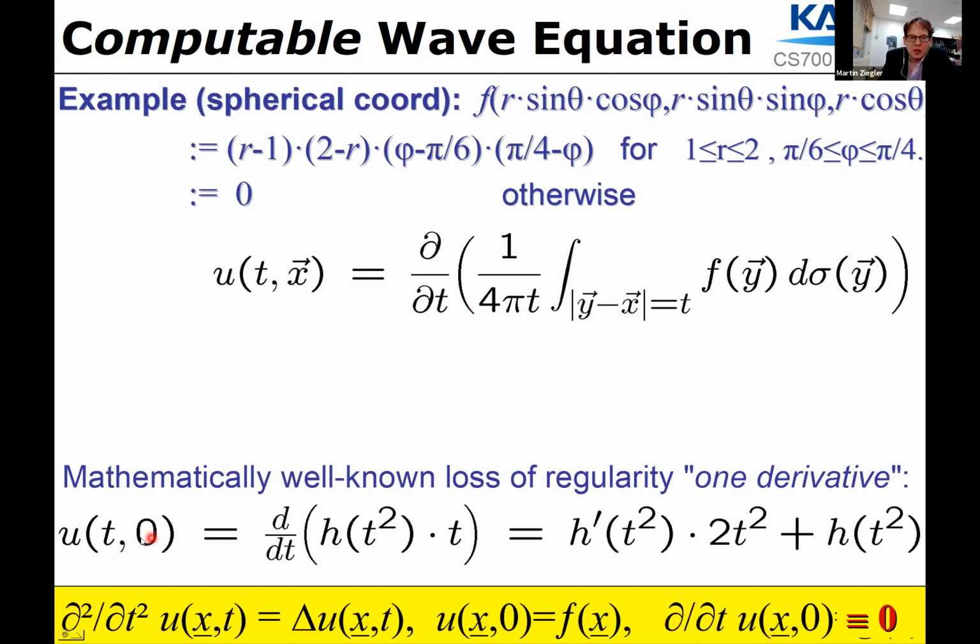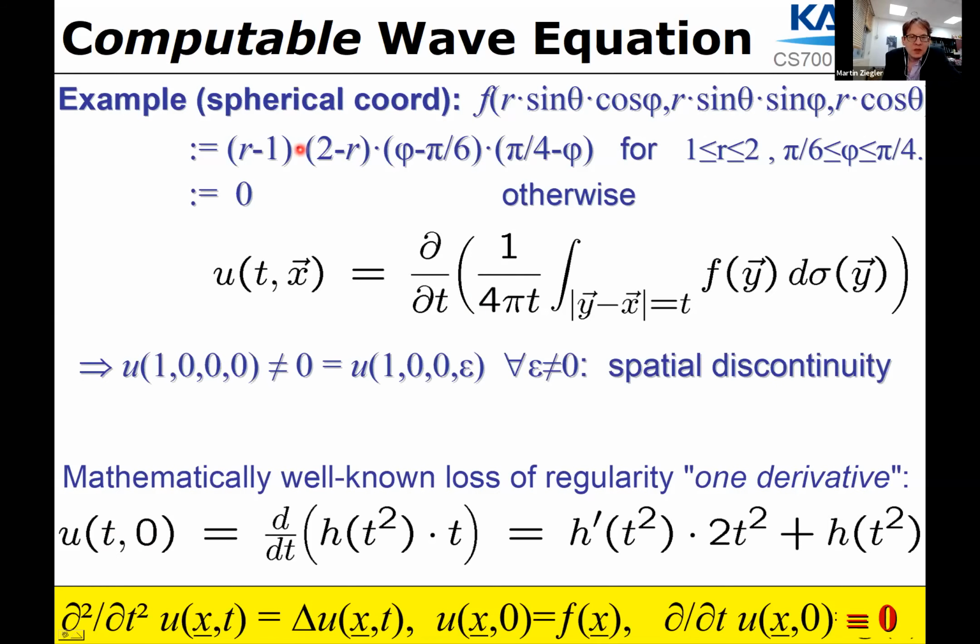Here was a discontinuity in time at the origin, and here there will be a discontinuity in space from the origin to outside of the origin at time, let's say, t equals 1. So here you see the solution in the origin. These are the spatial coordinates at time 1 is non-zero, whereas a little bit down the z-axis, right? So the last coordinate is the z-axis at time t is non-zero, so there's a discontinuity here.